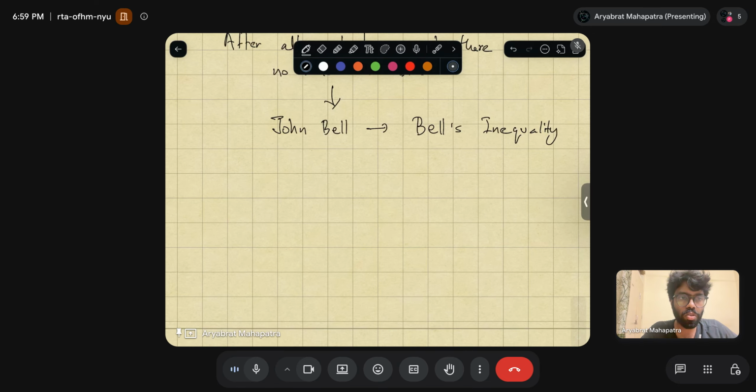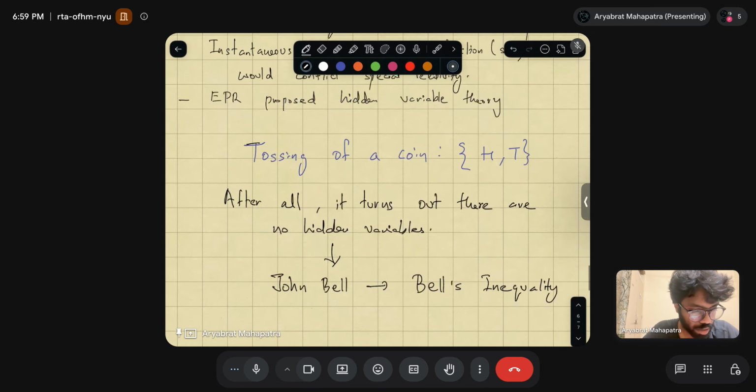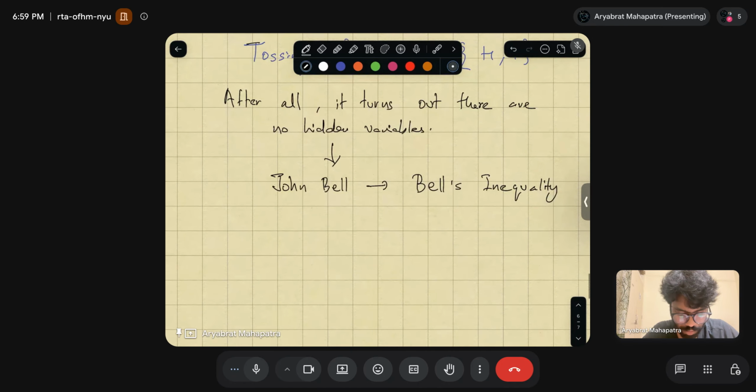There are one or two more important things we can see right here. We can go to the applications.